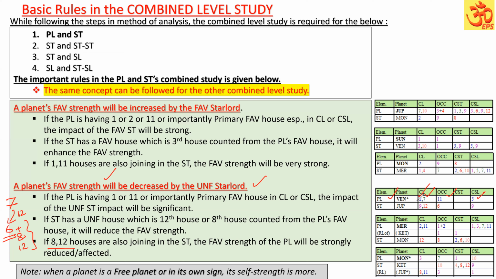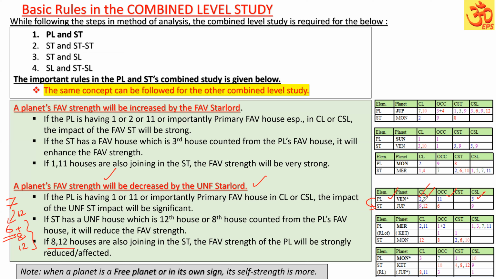The responsibility is more. But if the star lord is not further supporting this, that favorable strength is going to be reduced. It means if the star lord is unfavorable, having unfavorable houses, the favorable strength of this planet will get reduced.